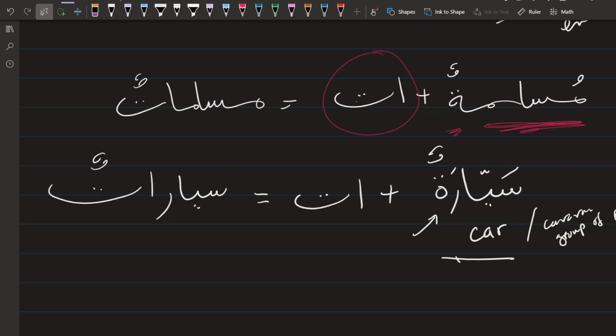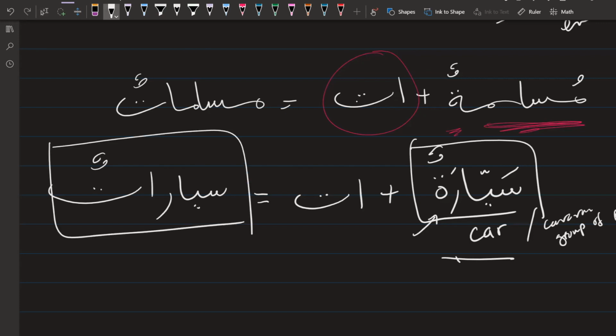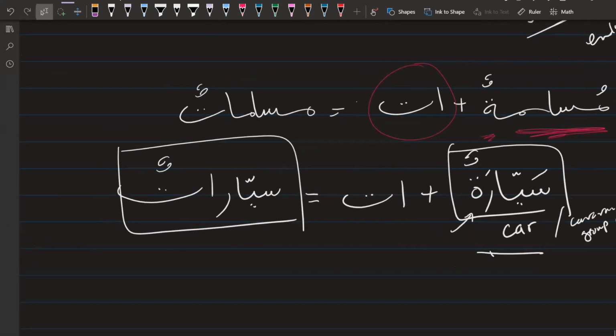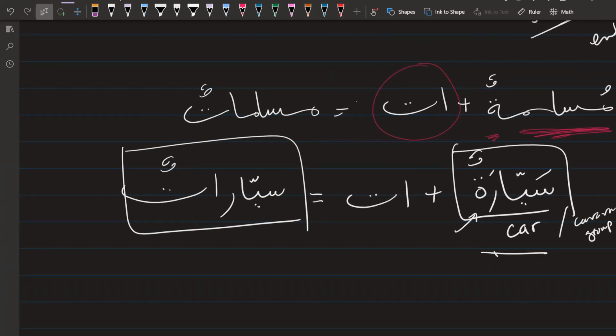If he says sayyaratun, and you also say sayyaratun, somebody hearing it will think you're talking about one car. That's why you have to say sayyaratun. This is very important. And you know the rules of the ta marbuta. If you stop, you just pronounce the ha, sayyara. But here, if you stop, you say sayyarat. Make sense?